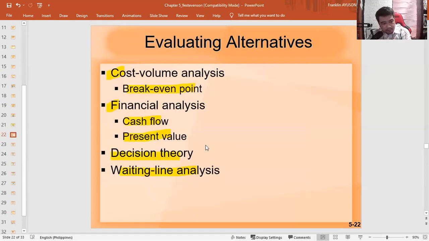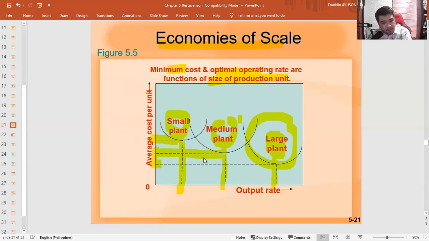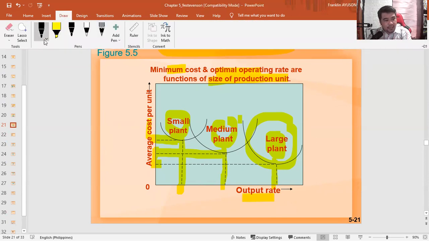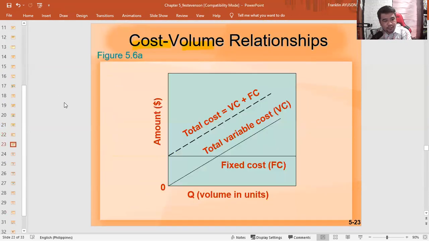Remember, very briefly, we already discussed the output or volume and the cost with regards to the concept of economies of scale. But then again, we want to consider an in-depth discussion of the relationship between cost and volume with regards to the three types of costs: the fixed cost, the total variable cost, and of course, our total cost.